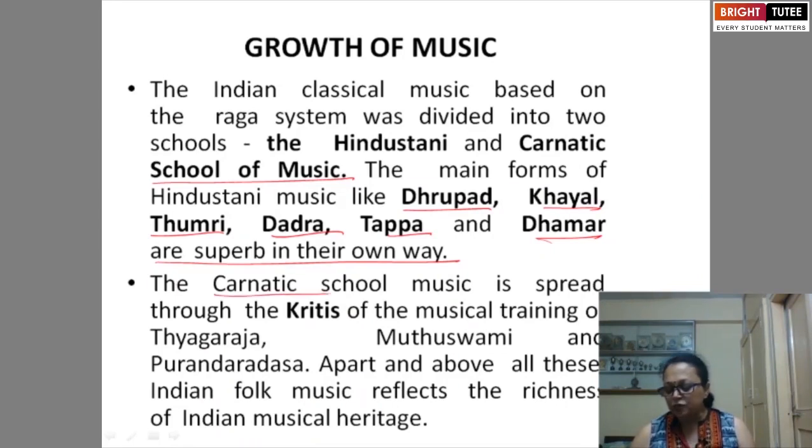The Carnatic school of music spread through the kritis and musical training of Tyagaraj, Muthuswami and Purandara Dasa. These three names are written here. That is their contribution to the development and emergence of the Carnatic school of music.